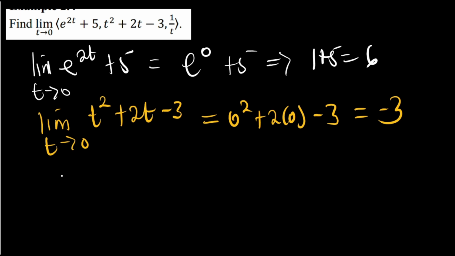The last component function, lim 1 over t as t approaches 0. As t approaches 0, 1 over t will be undefined. So this does not exist.